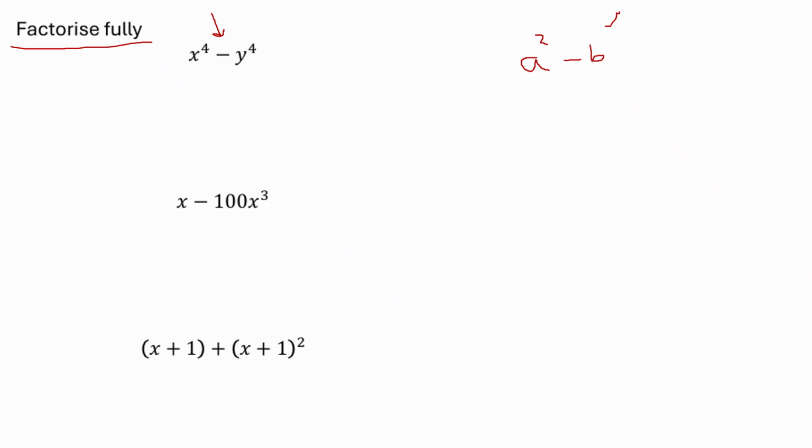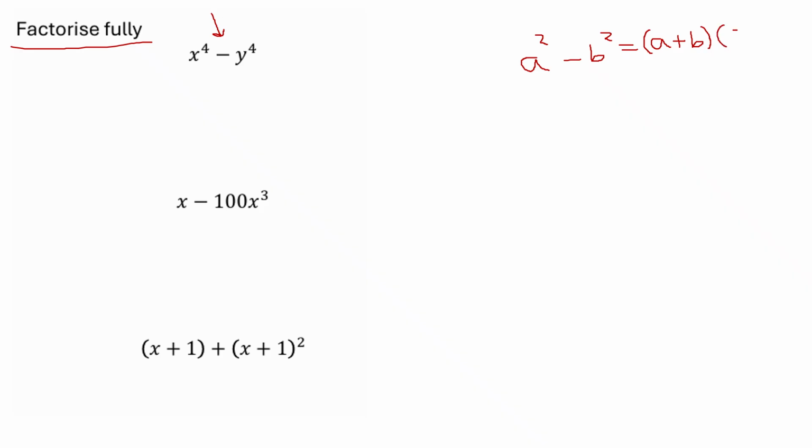Although we've not got a squared here, we can apply the same logic, because I can write it as x squared plus y squared times x squared minus y squared.